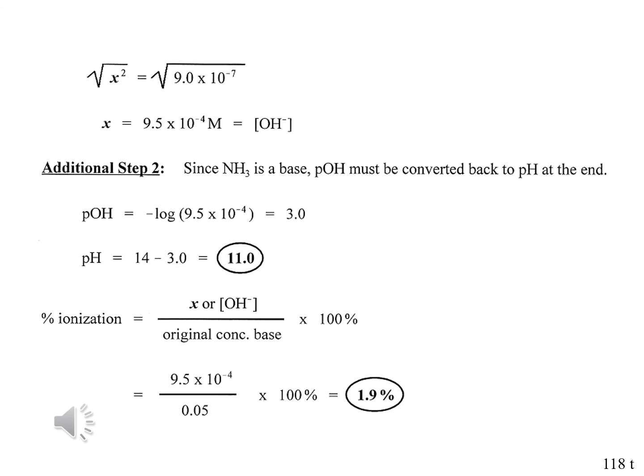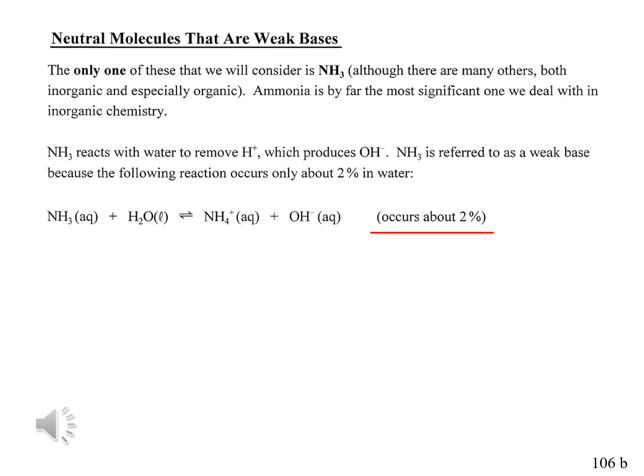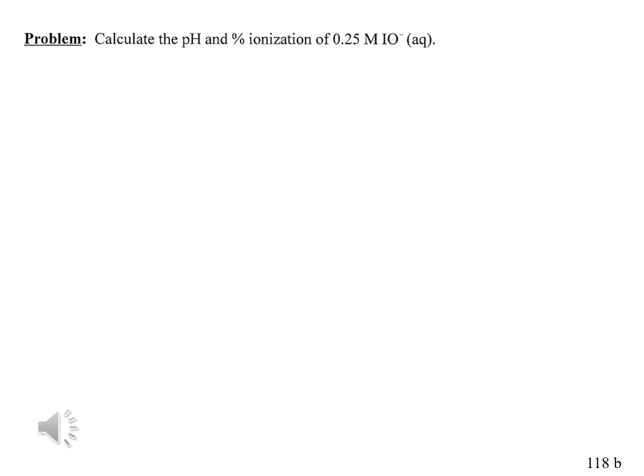And if you want to get the percent ionization this time, you're still going to take x over the original times 100, but the x is OH this time. And if you look at that number, 1.9%, that's what we expected, because when we first started this, I told you that the reaction occurs about 2%. 1.9% is about 2%.